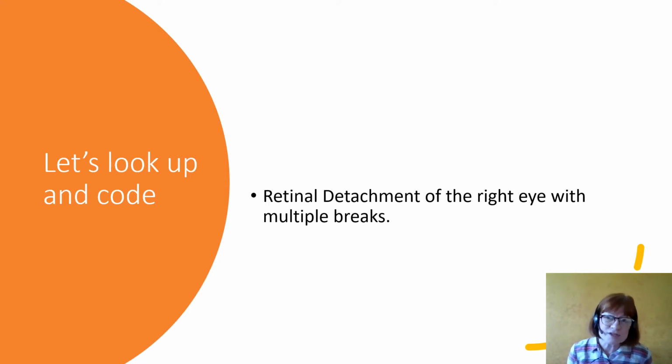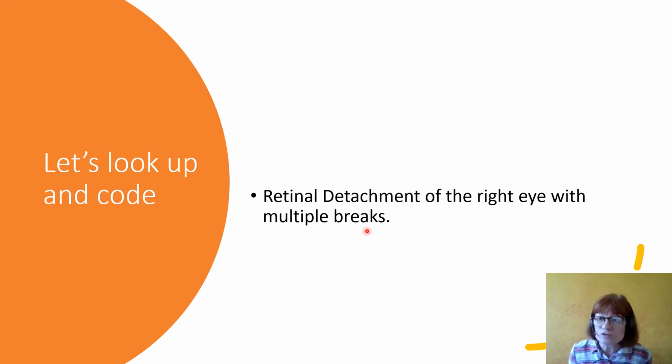Well, remember this and ask yourself this. What one word in that statement identifies the condition or the problem? That would most likely be detachment. Retinal is a body part. Right eye is specific to the body part.